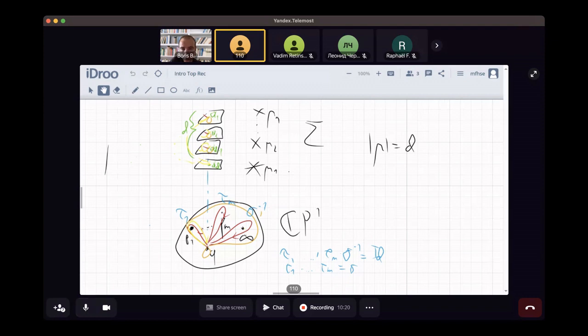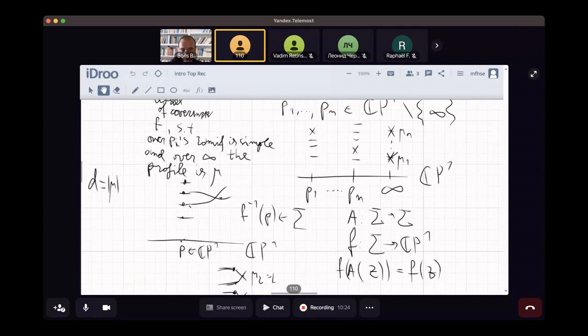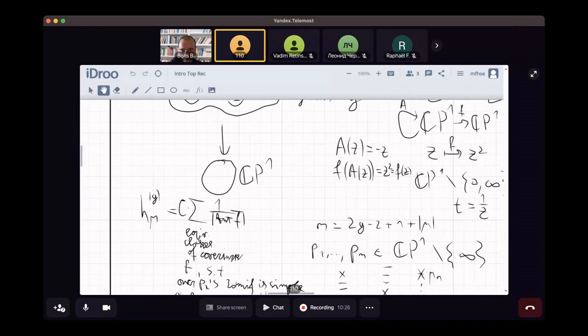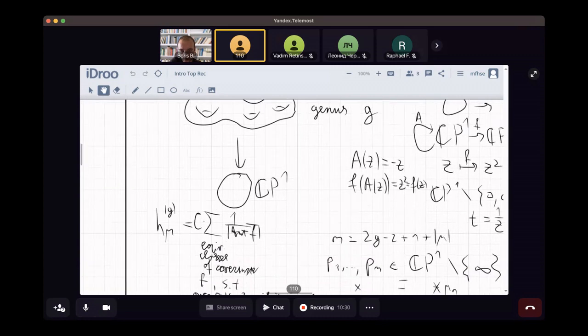So recall that we have our, so we have this geometric formula, right? So we want to, probably it's not clear to online participants where I'm pointing at, right?